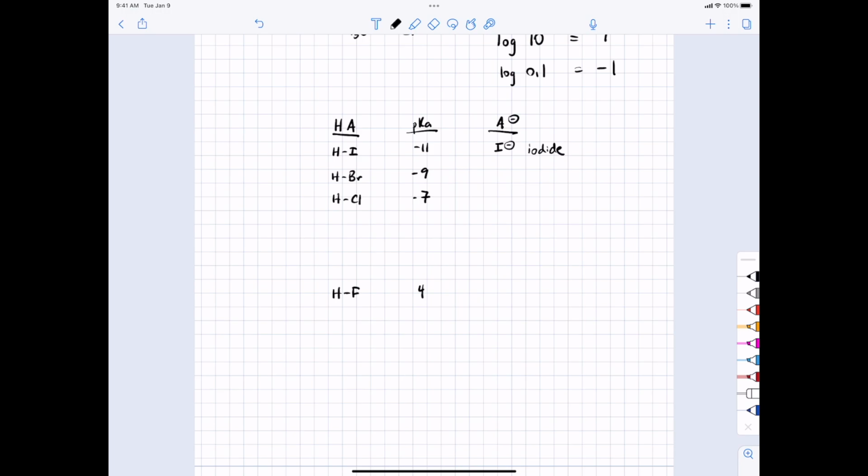Let me draw the conjugate bases, Br minus and Cl minus. Smaller pKa, more negative pKa numbers mean more acidic or stronger acid. That's also the same way as saying lower energy sigma star.